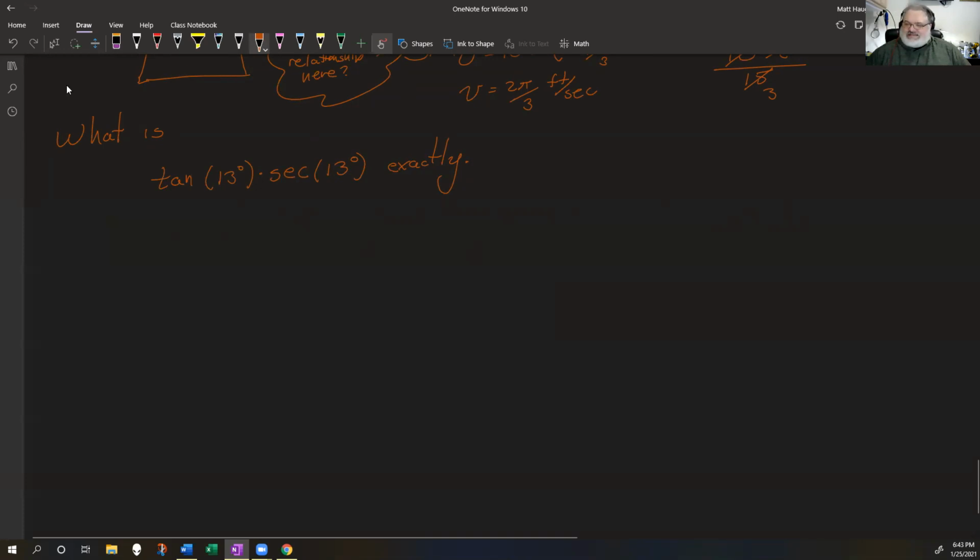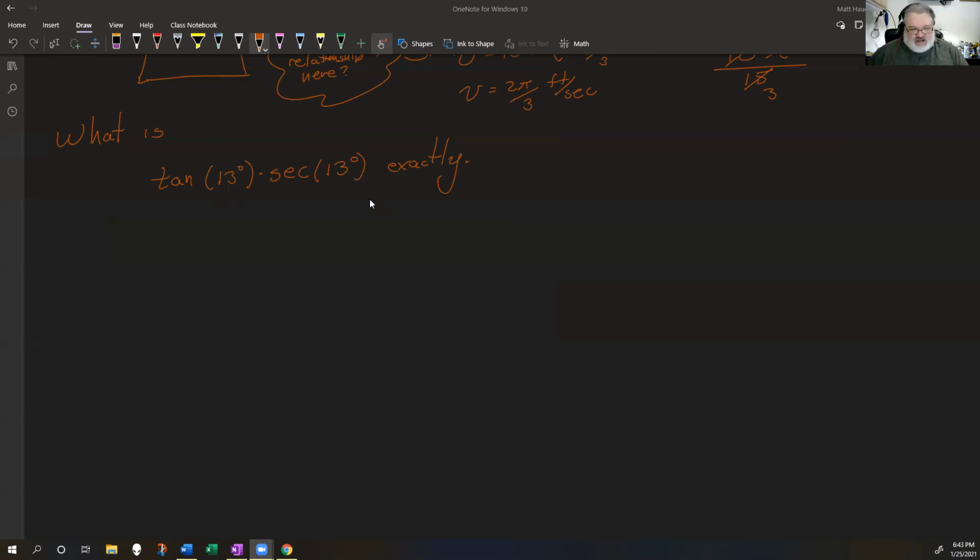Now, the term exactly, hopefully you've gotten used to this already in your mathematical careers, but the term exactly should translate to you into don't use a calculator. Calculators give you decimal approximations. They don't give you anything else. Now, this 13 degrees is not one of our standard angles.